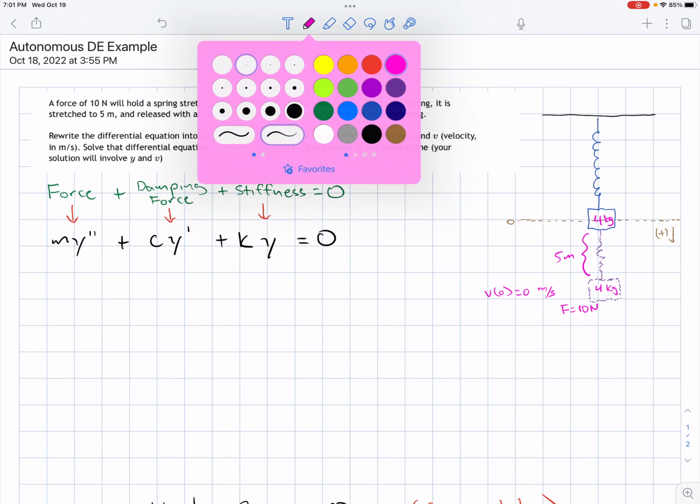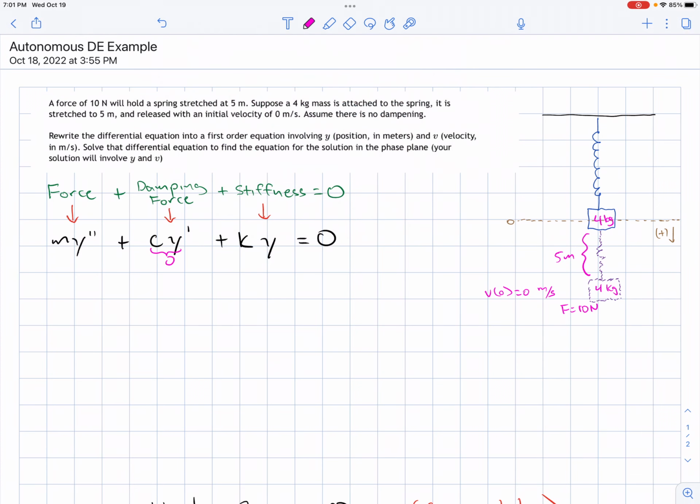Again, we were told damping force is 0, so we essentially just have this equation here, y double prime plus ky equals 0. But we were also given information about velocity, so there's a hint in this problem where it says to rewrite in terms of velocity and position.